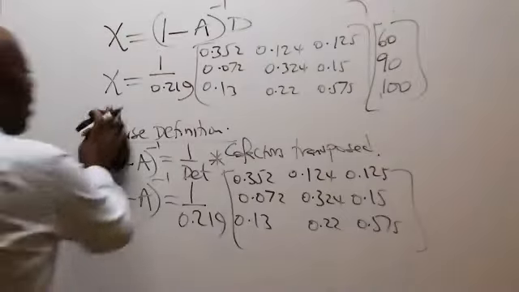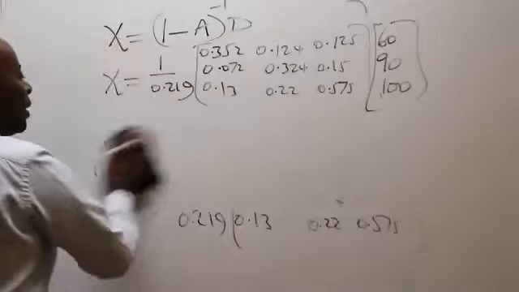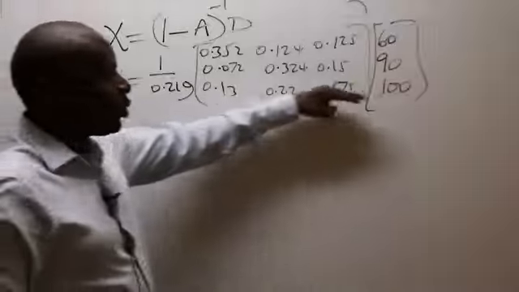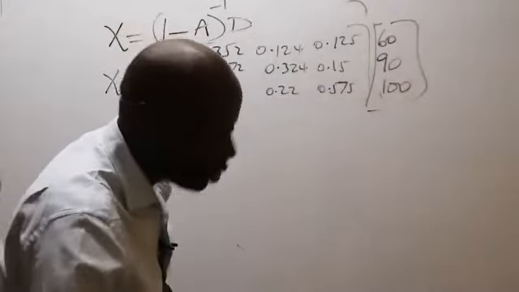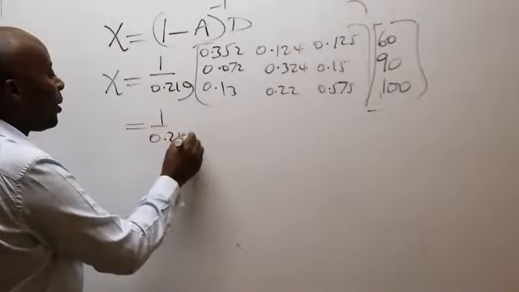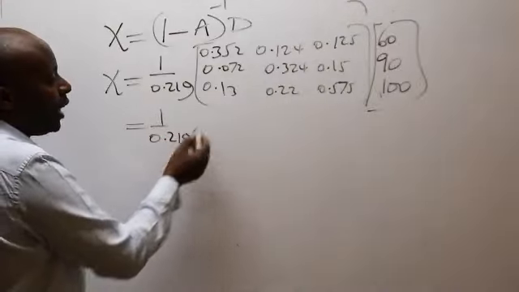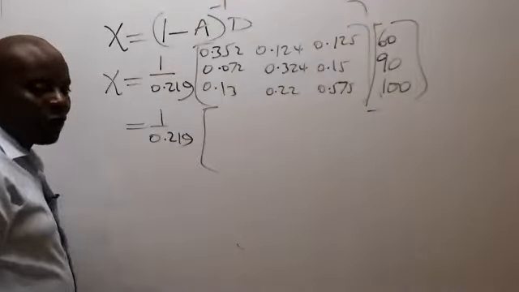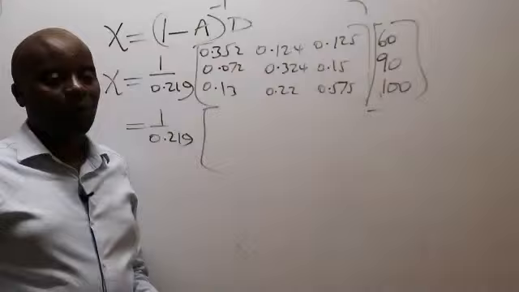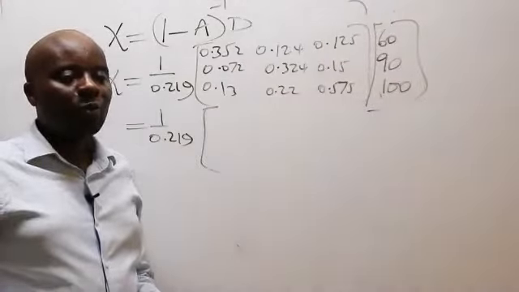Now what I'm going to do is quite a simple thing. I've got a scalar and two matrices multiplication, so I'm going to leave the scalar, 0.219, outside. And then I multiply the matrices themselves first. How do I do my matrix multiplication?